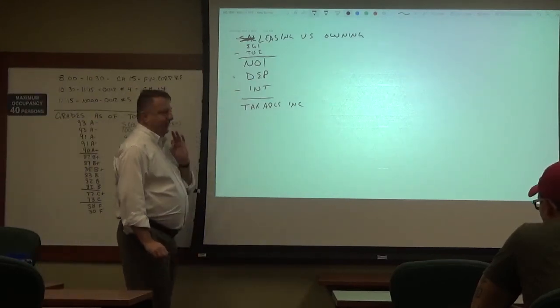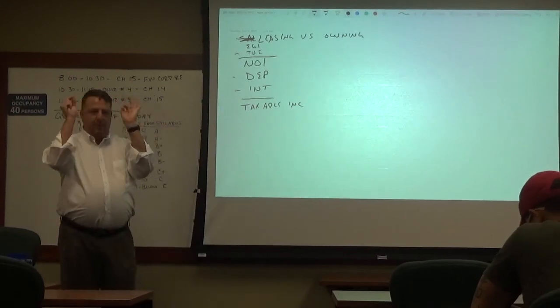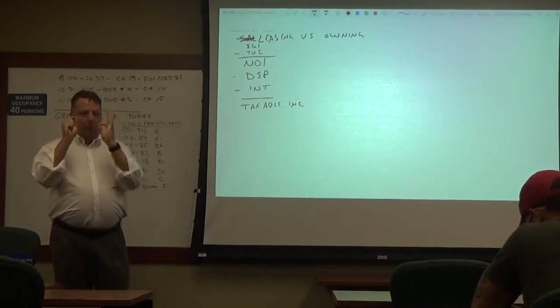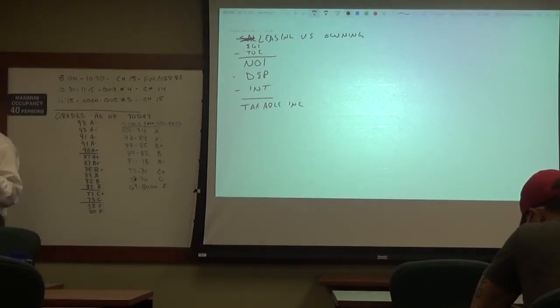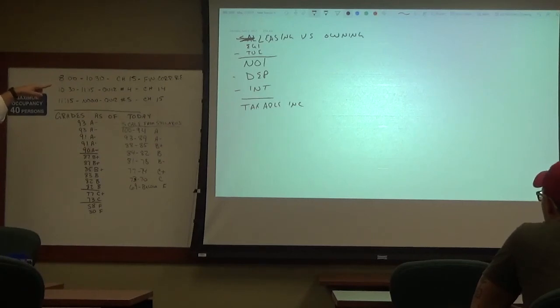If we're leasing the property, where does all the money that we spend on the lease come out? What line item? You're leasing, everything comes out right here.